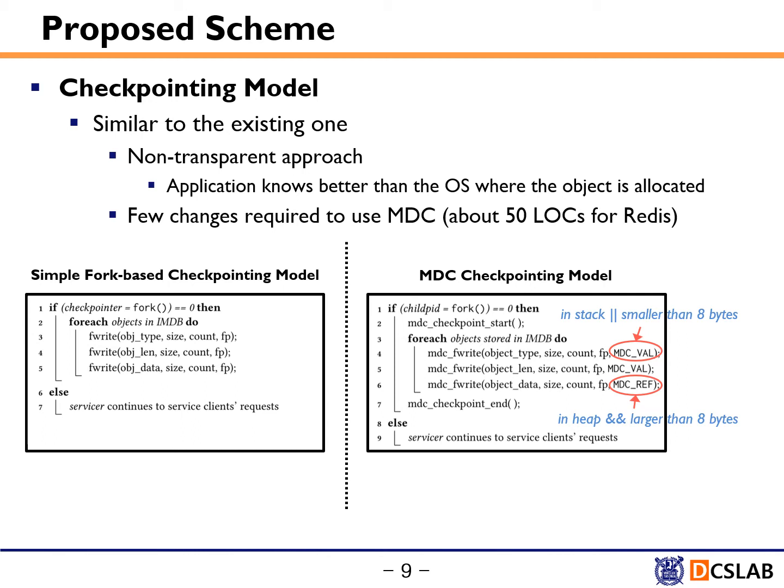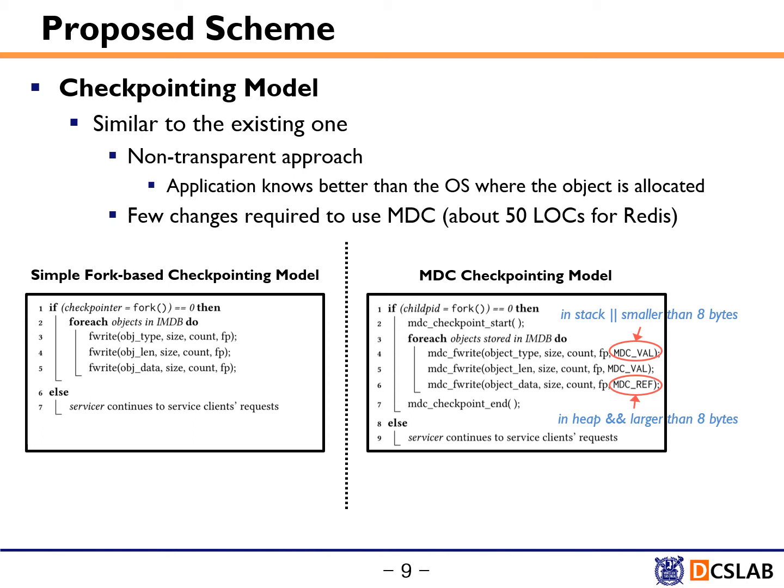In contrast, MDC's checkpointing model has 3 steps: preparing step, logging step, and lastly memory dump step. They correspond to MDC checkpoint start, MDC app write, and MDC checkpoint end function calls, respectively.